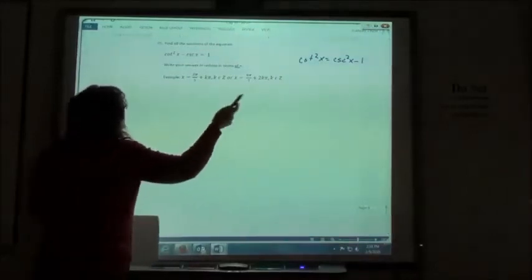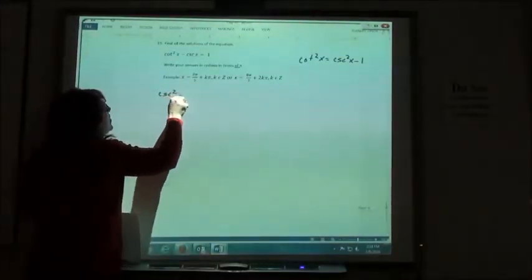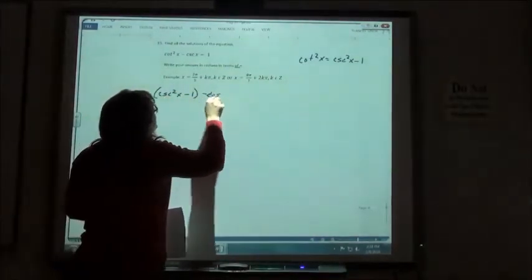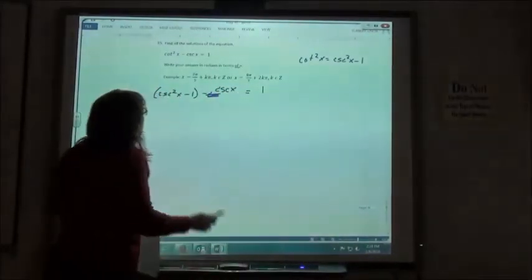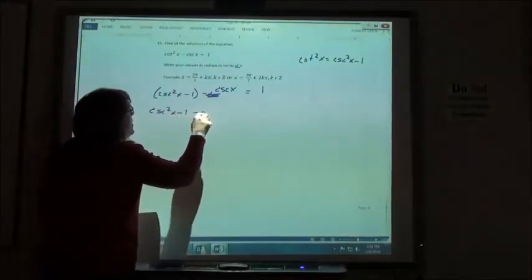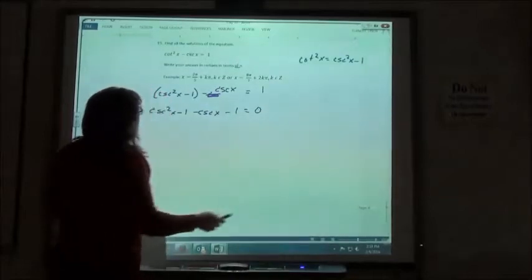So, substituting in for my cotangent squared, I would have the cosecant squared of x minus 1 minus the cosecant of x equals 1. So, cosecant squared of x minus 1 minus the cosecant of x, that would be minus 1 when I move that over.